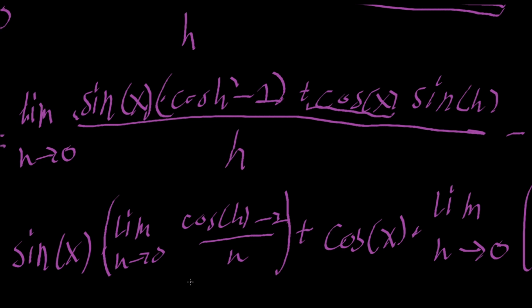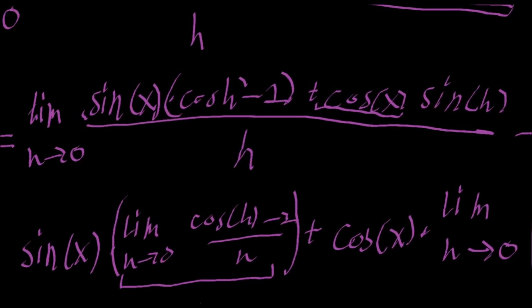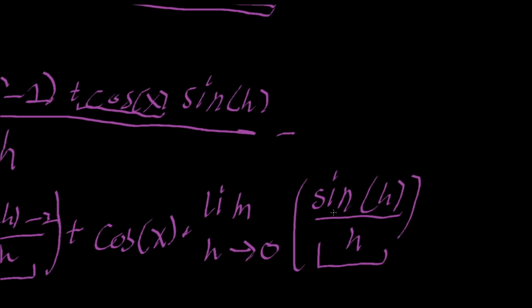Notice that in both of these limits we have a 0 over 0 scenario, so we can't just plug in 0 into here and be done, because cosine of 0 is 1 minus 1 is 0, and divide by 0, it doesn't work. And same thing here, sine of 0 over 0 is another 0 over 0, which is undefined.